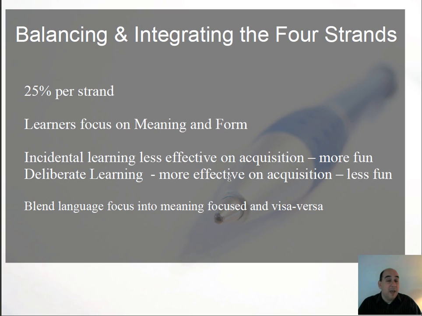Or if it's a vocabulary, I can focus on the vocabulary of it. We can talk a little bit about some of the nuances or some of the connotations involved. And then, of course, we can leave the language focus and go back to meaning focused. And you can do that both ways, and that's going to make a more interesting classroom.